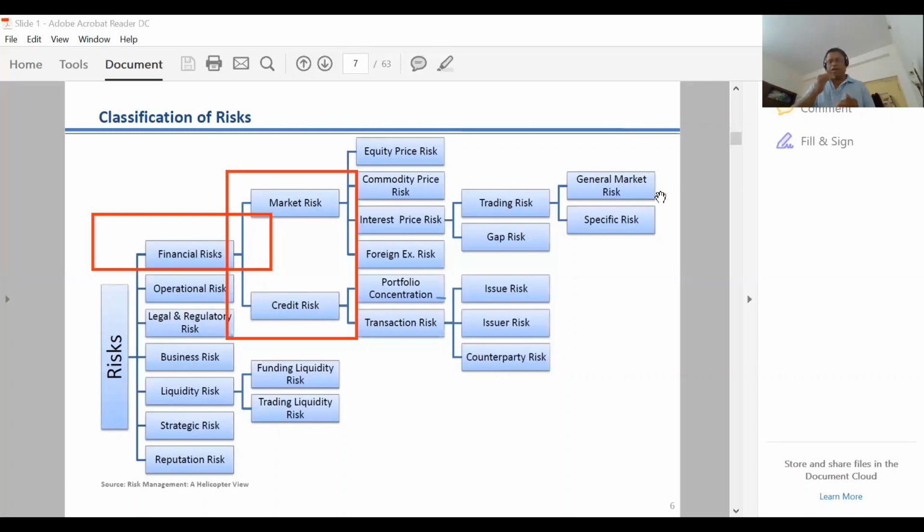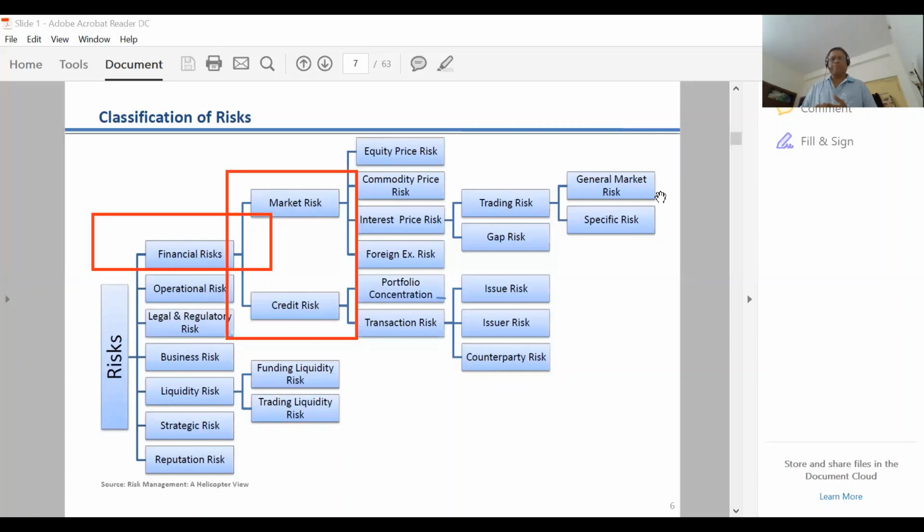So the other part of the financial risk is called credit risk. What is credit risk? Credit risk is nothing but the risk of default, right? If a bank is giving a loan to someone, and the borrower who borrowed money is not able to pay back or delays payment, it is called credit risk.